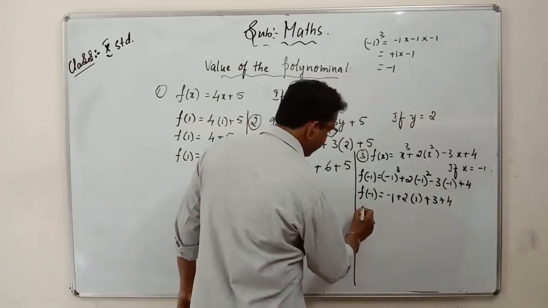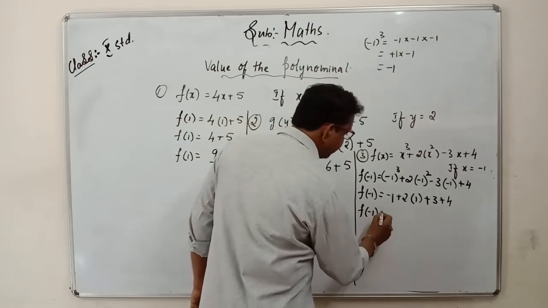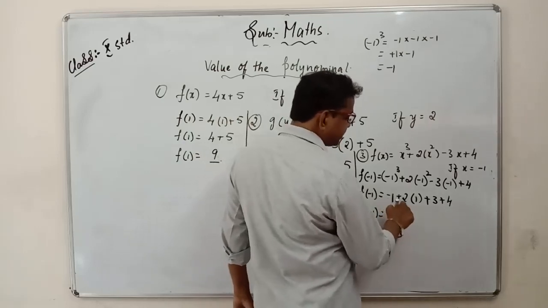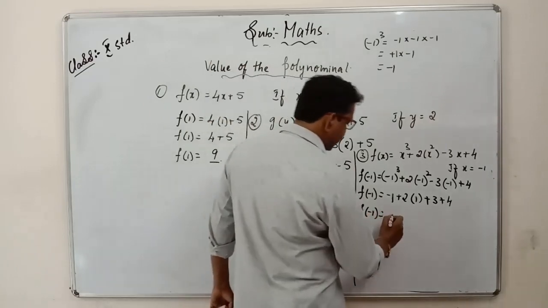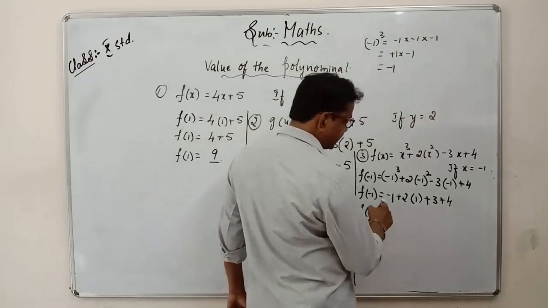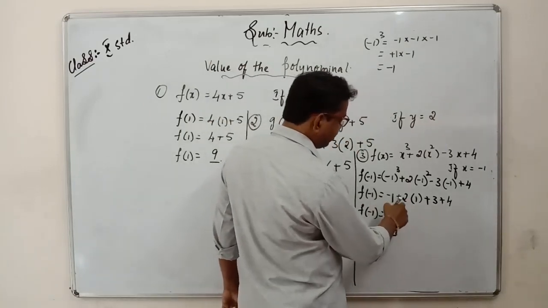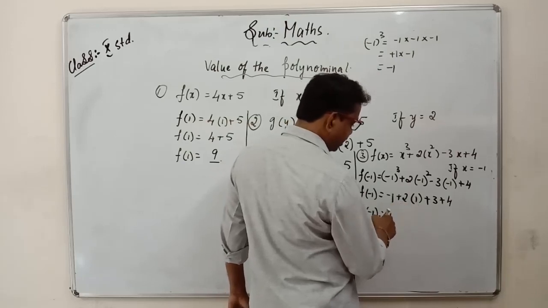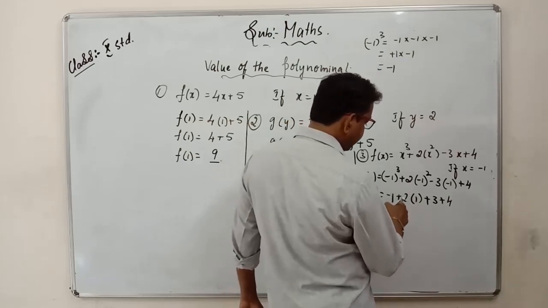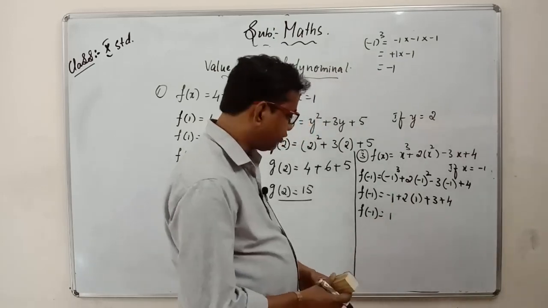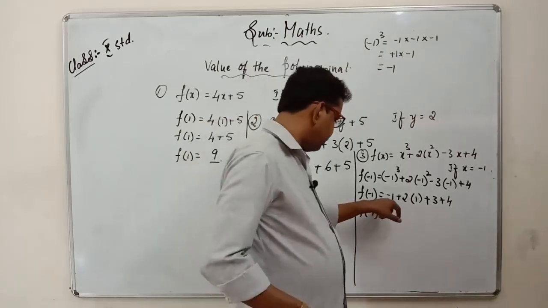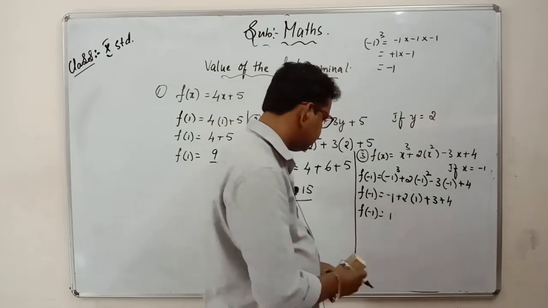Now f of minus 1 equals to minus 1 plus 2. What is the value of minus 1 plus 2? It will be 1, because after subtracting the smaller from the greater we get 1. If you are getting confused, I will go another way. See, minus 1 is there.